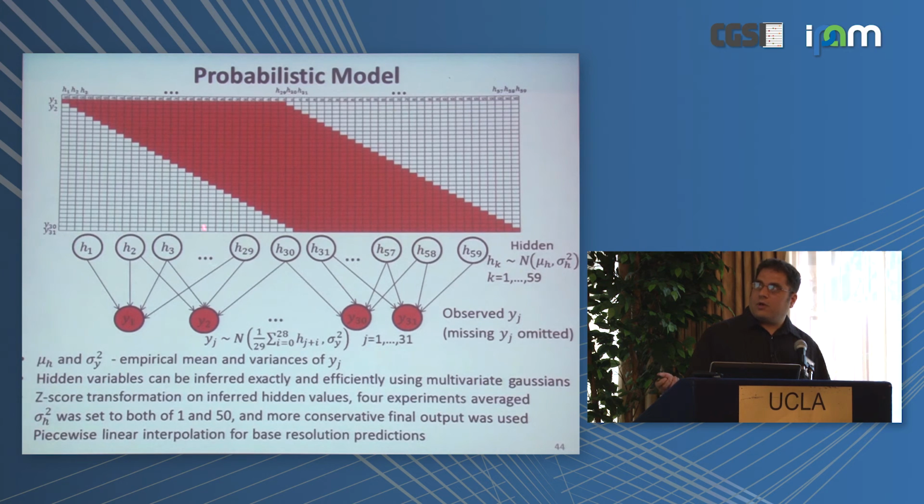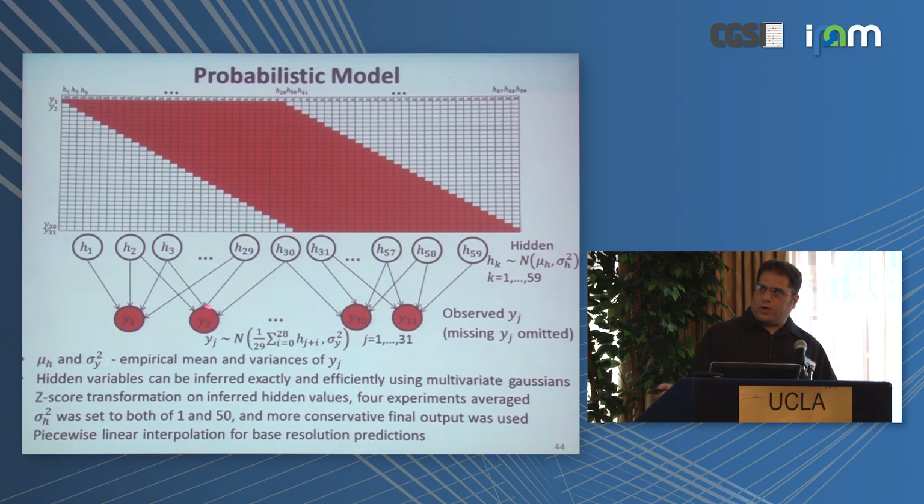And then we have another variable for each 5 base pair interval corresponding to the latent hidden activity of that specific position. So we observe the activity of these 145 base pair sequences, but what we would like to infer is the regulatory activity associated with each 5 base pair interval, which we don't get to observe directly, but we're trying to infer based on our observations.